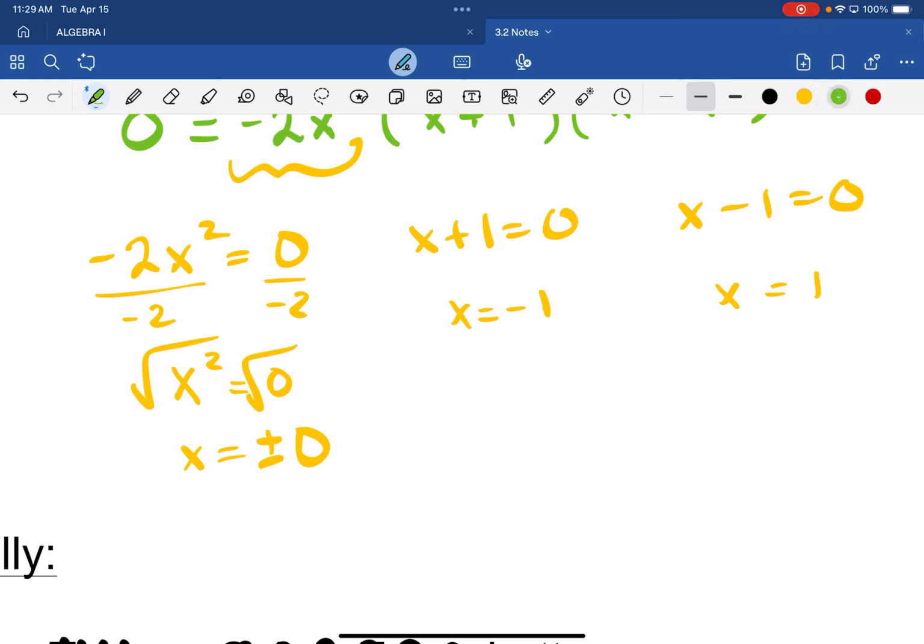Now, here's why I bring up our plus minus. Because we have to consider multiplicity, is what we call it. Multiplicity means sometimes our graph can hit our x-intercepts more than once.